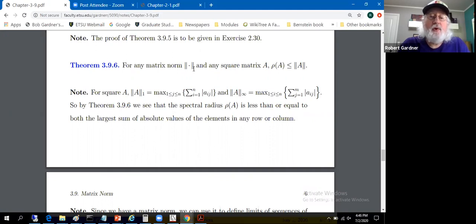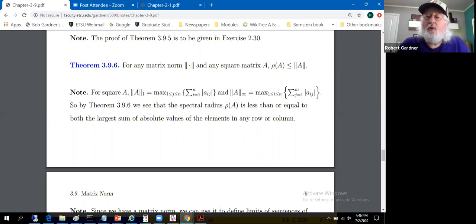This was an arbitrary norm, so a quick observation. If we take the L1 norm, we're summing over index i, so we're actually taking the sum of the absolute values of the jth column of matrix A, and then taking a maximum of that. So this L1 norm was the maximum column sum.